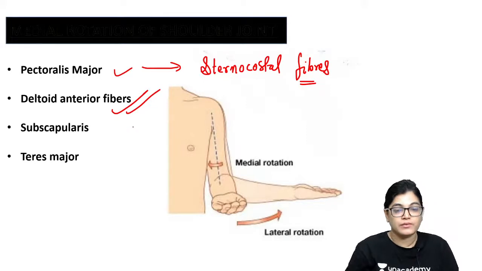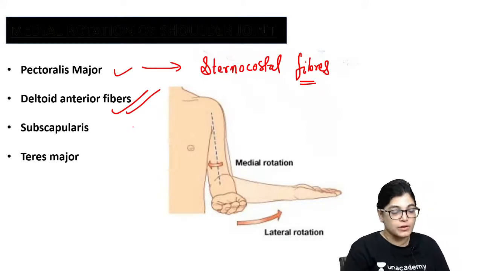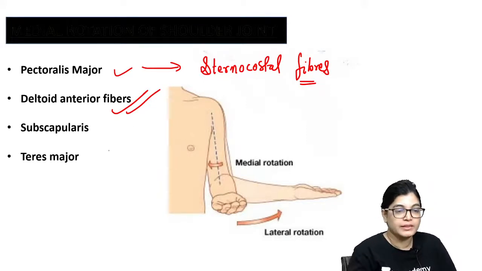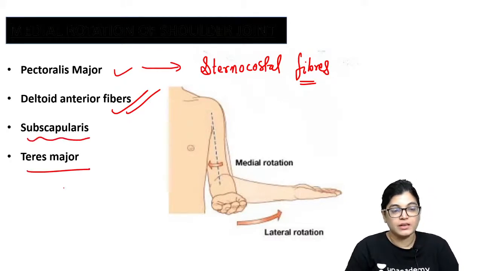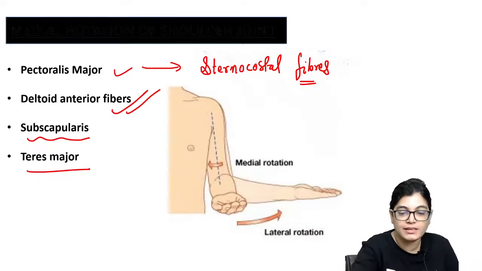Anterior fibers of deltoid muscle also perform medial rotation, along with the subscapularis and teres major muscle. All these muscles together perform medial rotation of shoulder joint: pectoralis major, anterior fibers of deltoid, subscapularis and teres major muscle.